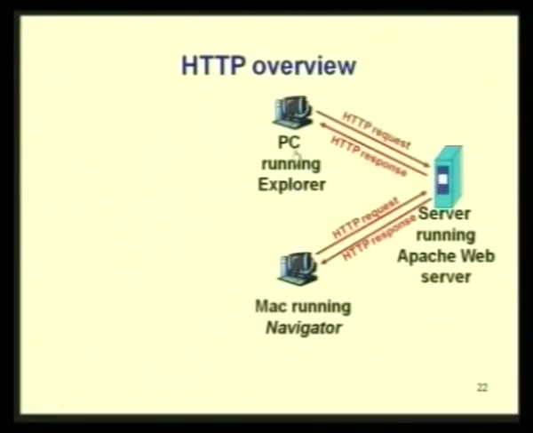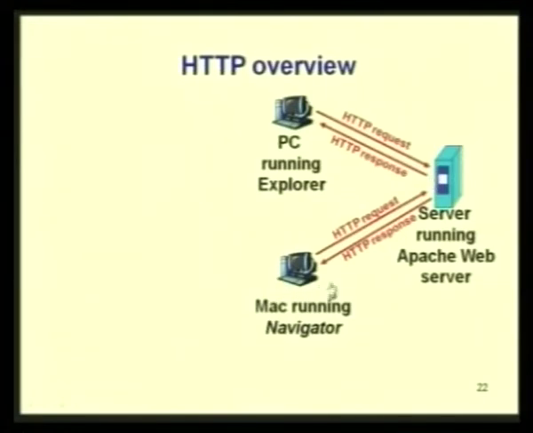This PC may be running a client program, for instance Internet Explorer. So, Explorer becomes the HTTP client, and the server which is running, say, the Apache web server, becomes the server process. So, you have a client process talking to a server process using the HTTP protocol. It sends an HTTP request and gets back an HTTP response.